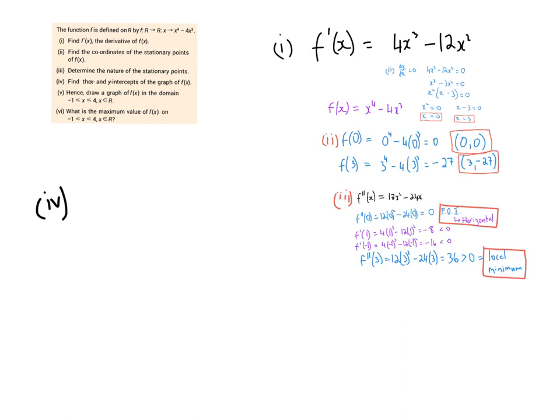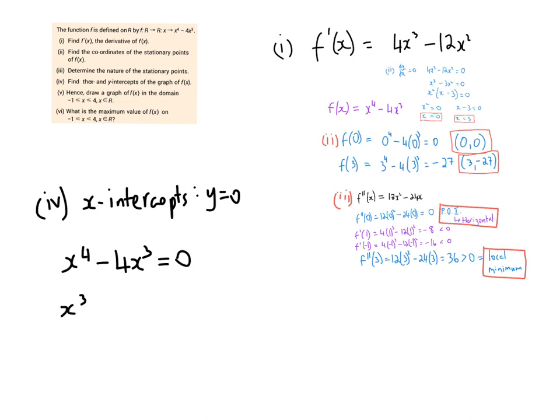So in order to be able to draw our graph, we want to find the x and the y intercepts. Well, the x-intercepts happen at y equal to 0. So f of x is x to the power of 4 minus 4x cubed, and that's equal to 0.